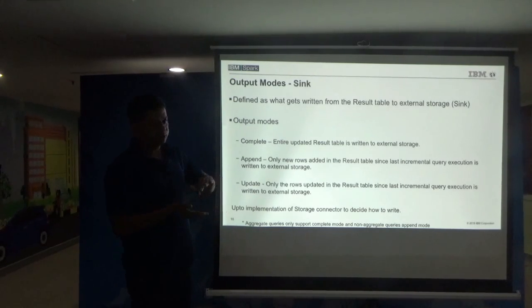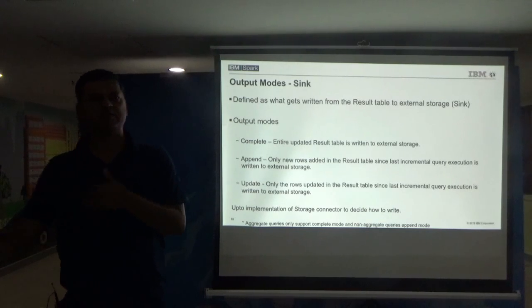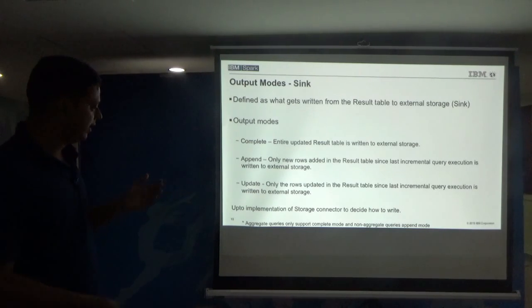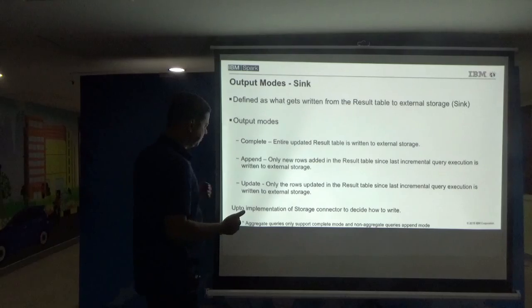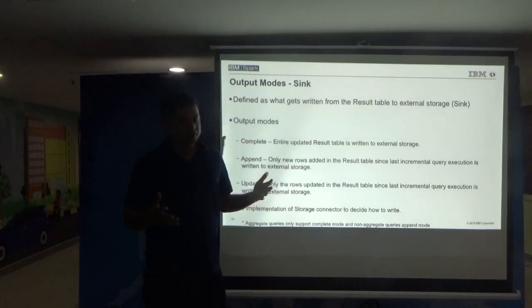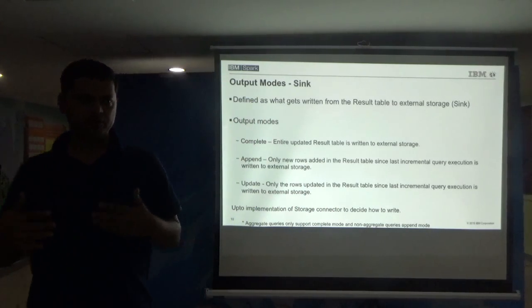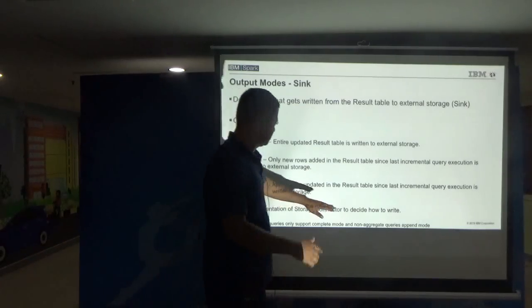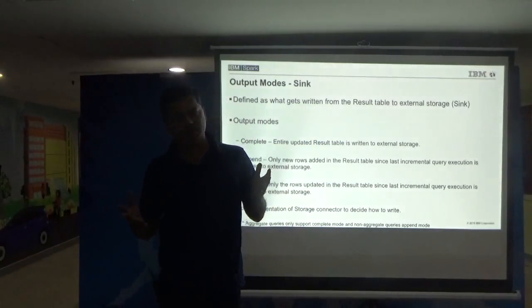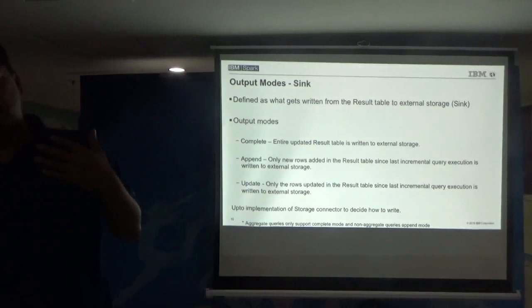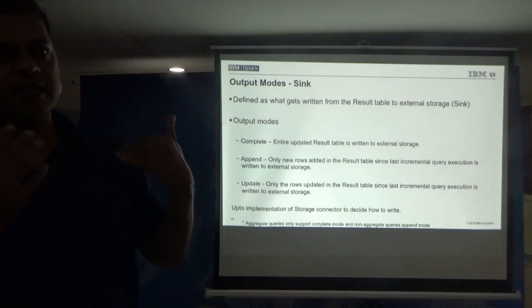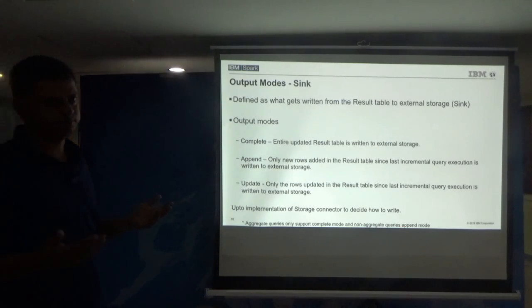You can't say give me append mode, it gives you an error. And similarly, when you do a non-aggregate query, you can only use append. This one kind of makes sense, but this one I'm not too sure at this point whether it's a restriction that will stay or that's just a point in time.